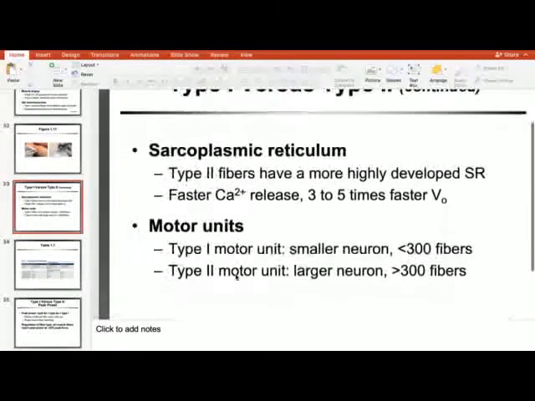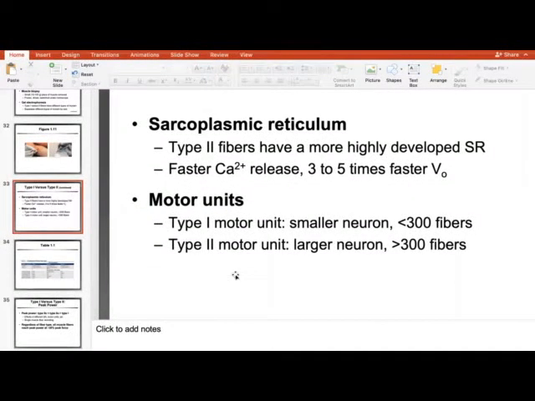And it's also the case that if you're going to do a movement, usually the type 1 muscle fibers are going to fire first, especially if the movement is very low intensity. Type 1 muscle fibers and motor units are usually innervated by smaller neurons.